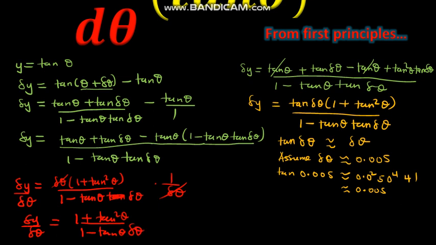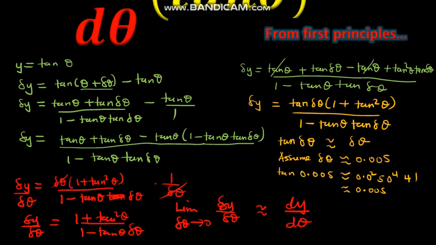Now we shall find the limit as the small change in theta tends to 0 of the small change in y over the small change in theta, and we know this is just dy over d theta.